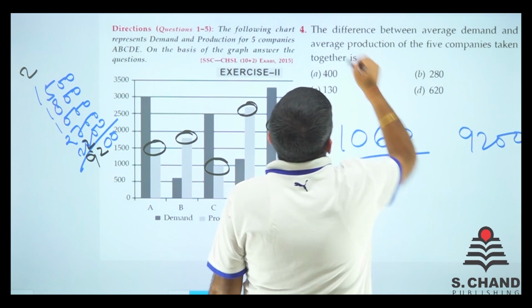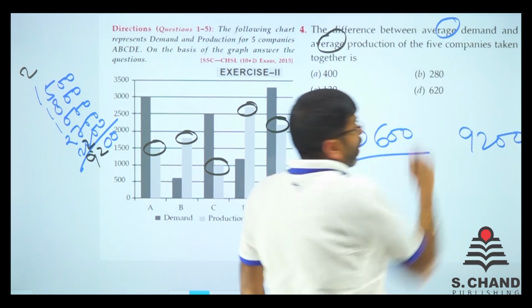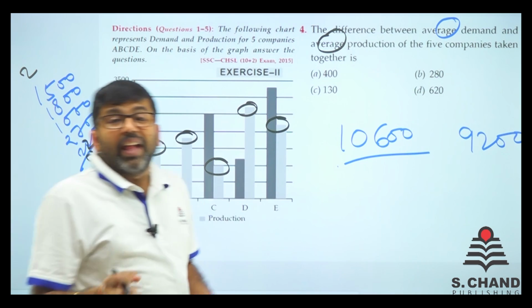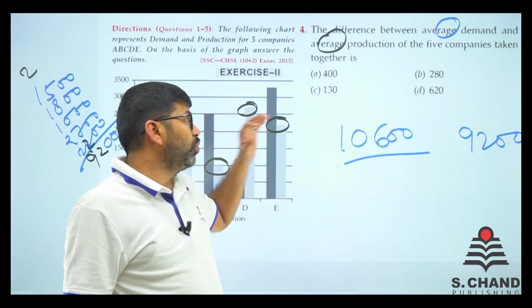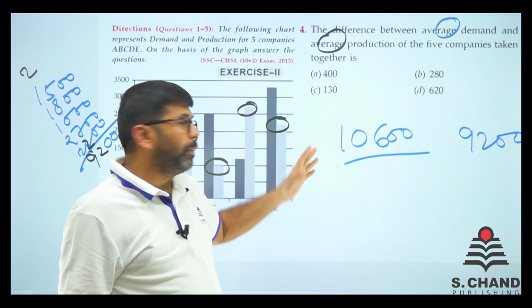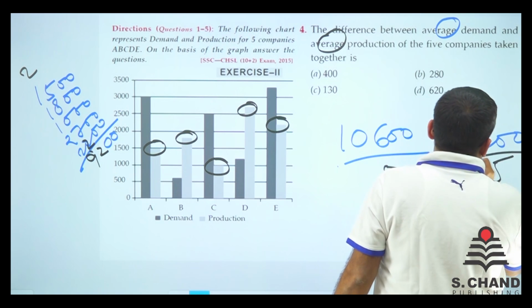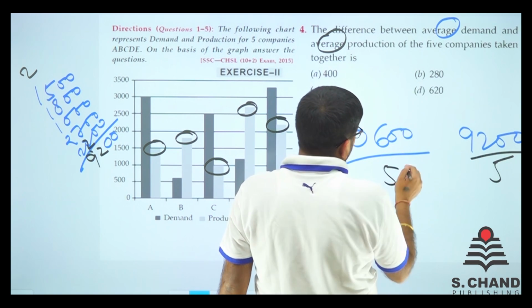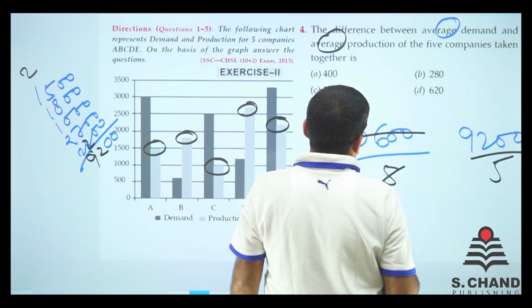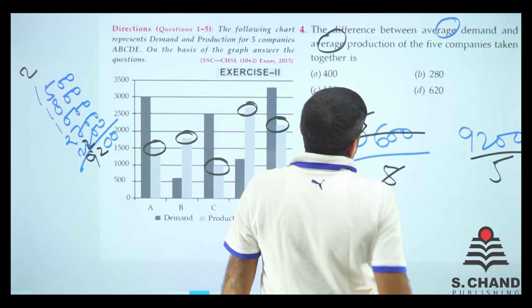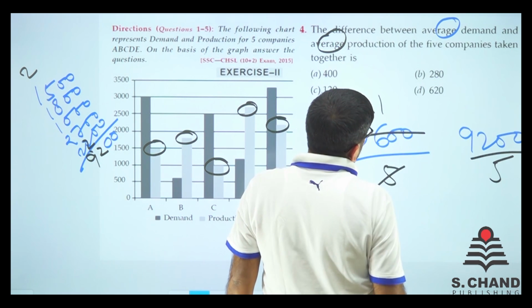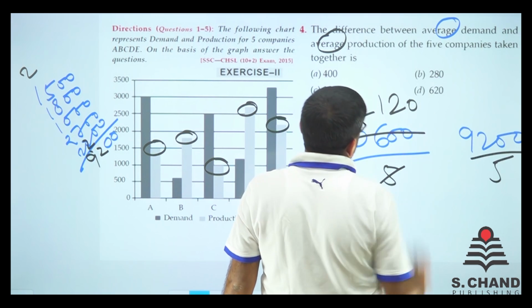Now what is our average production and average demand? How is average calculated? Average is calculated when you just divide the total by the total number. So total number is here 5 and here is 5. So I guess directly connected, right? So 10 is like 2 times, then 6 is like 1 time, then again 10 is 2 times, 2120.